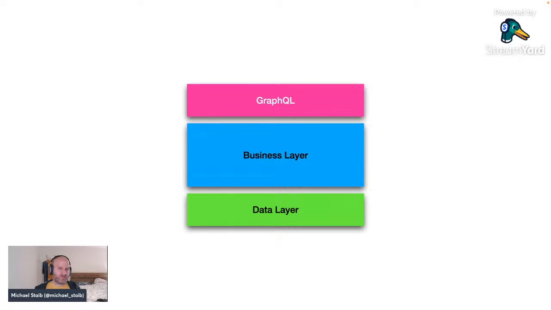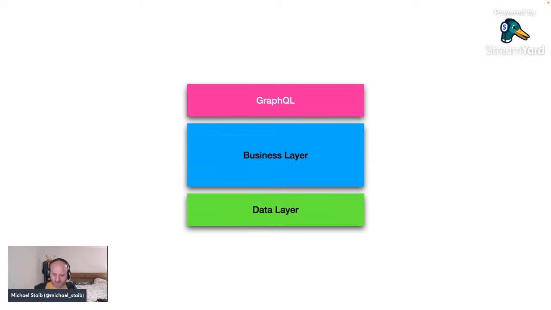But in GraphQL, the type system actually has unions, it has enums, it has all the things that you have in .NET. So you can put a thin layer over your business layer and expose it in a much richer way than you were used to with other service technologies.